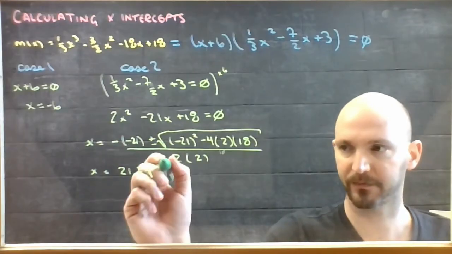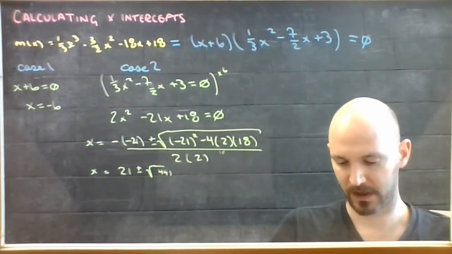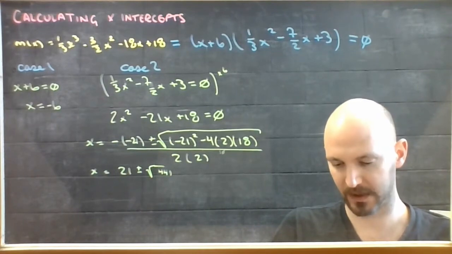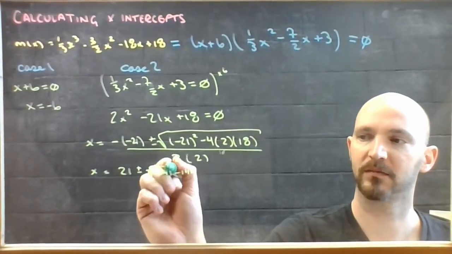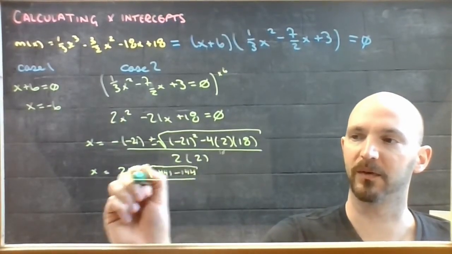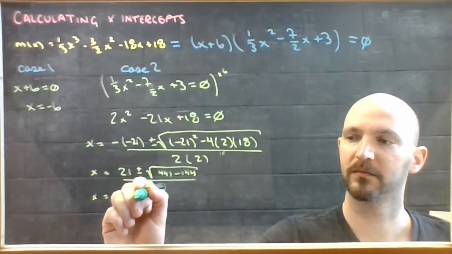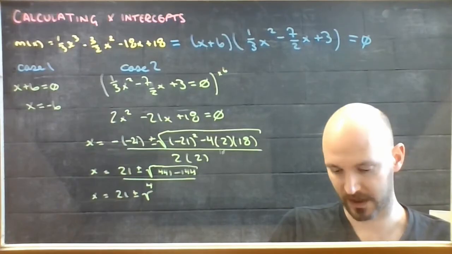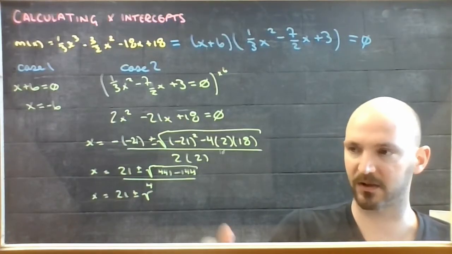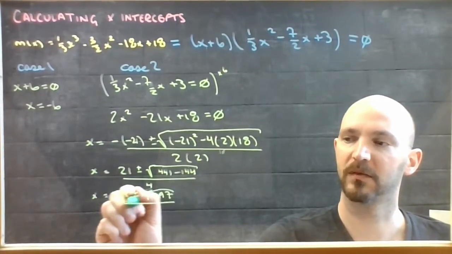Yep. 4 times 2 times 18 is 144. All over 2 times 2 is 4. 441 subtract 144 gives me 297, over 4.